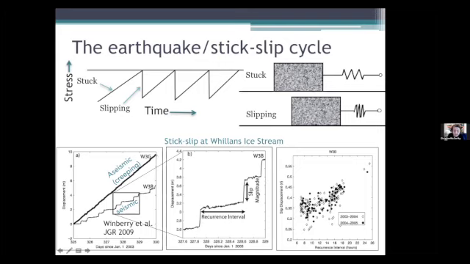There's another part of that same glacier that is just creeping along steadily. Additionally, people have measured over time, Winberry is where this paper is from, and found that as the time between events increases, the distance that it slips increases as well. And this kind of distribution is similar to what's seen in earthquakes as well.